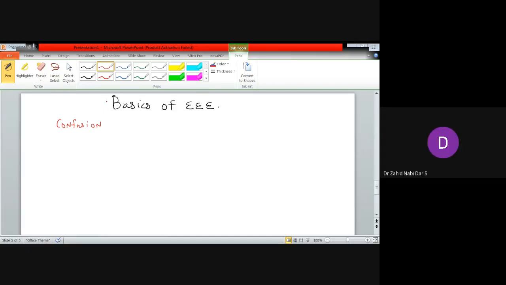Okay, confusion is in applying KVL or KCL. Now there are some steps of how to apply.